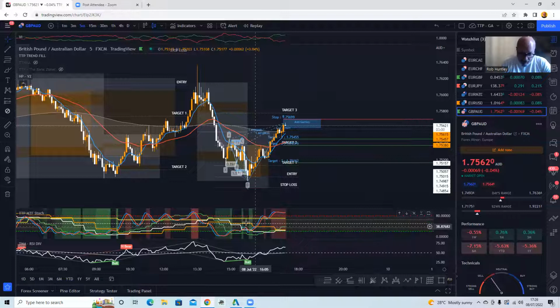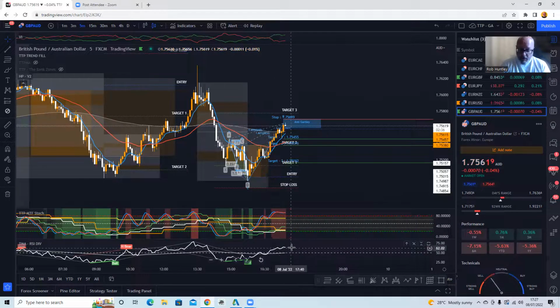This one is not publicly available, the multi-time frame stochastic, which is a shame. I did say I was going to try and find one that's similar to this, for those of you that don't have access to this, but this one at the bottom, TMA RSI divergence, is also available, and these can help you.